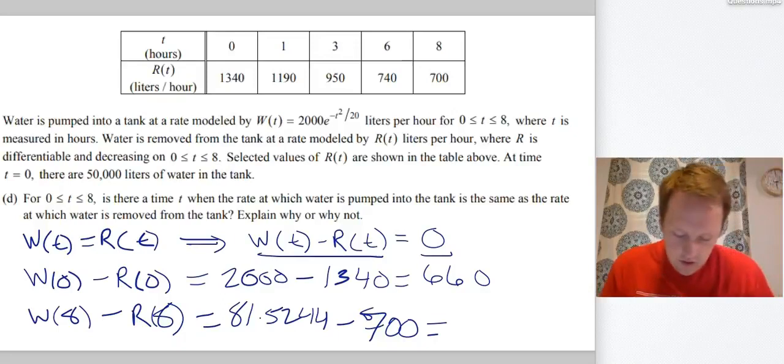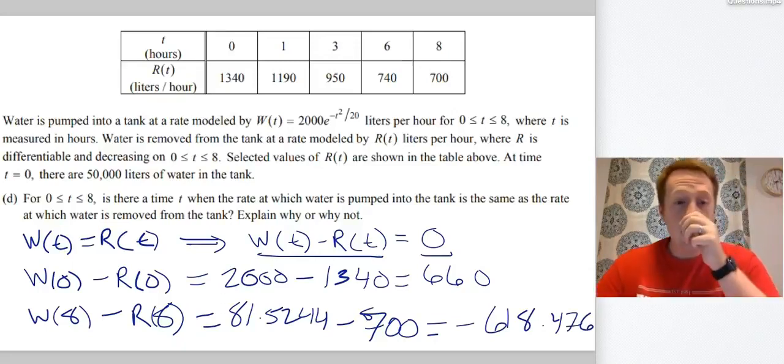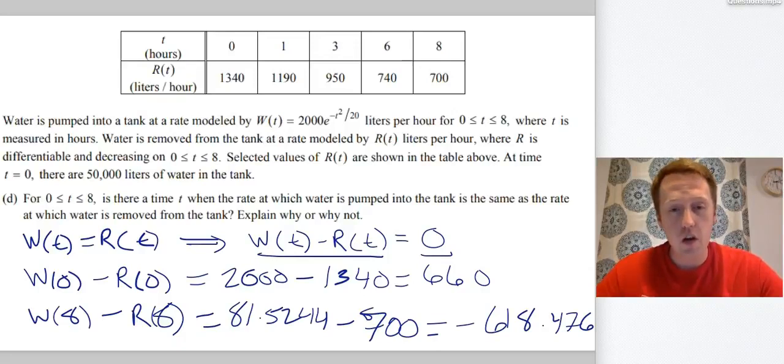And we get negative 618.476. Okay, now I see the answer, right? I know that on the interval 0 to 8, W of t minus R of t goes from positive to negative. So that means it must have hit a 0 somewhere in between.